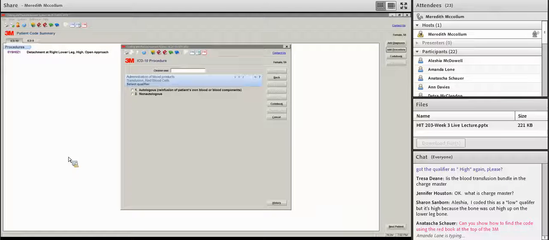the charge master is where they have the CPT codes for procedures that don't require a brain to think about what's being done. So single view chest x-ray, anything in the lab, anything like that, blood transfusion of packed cells.